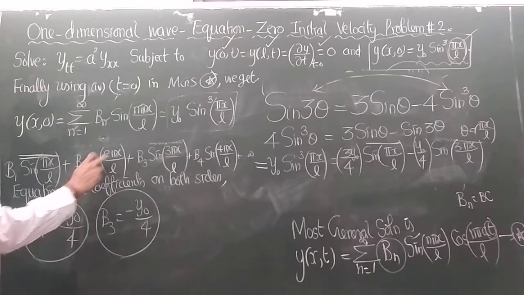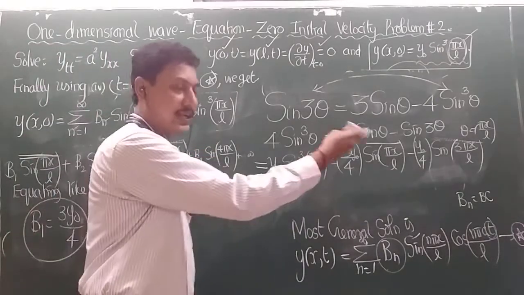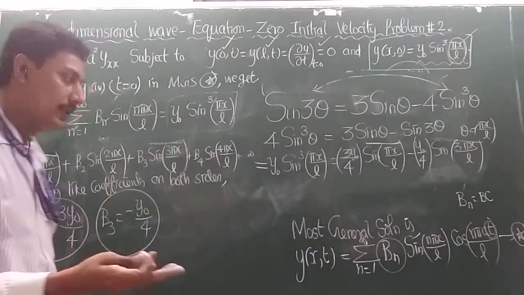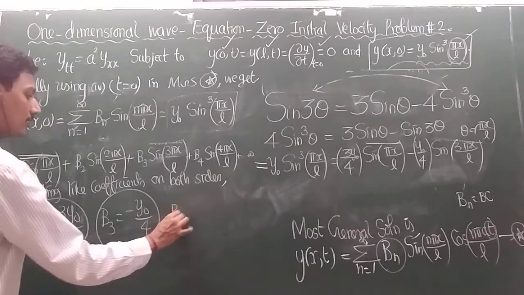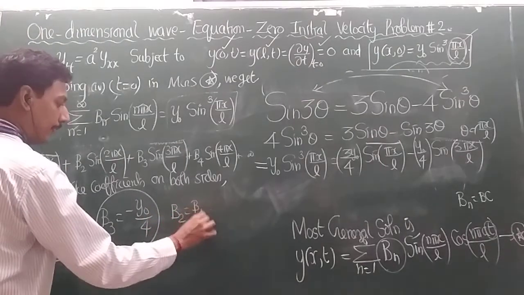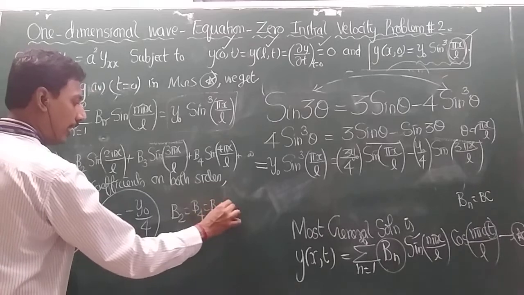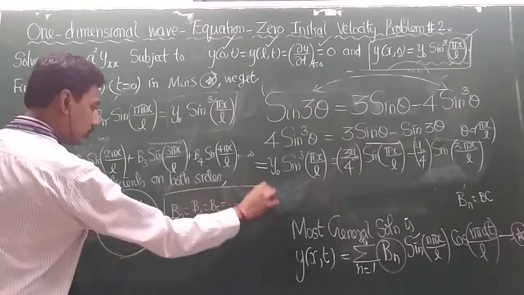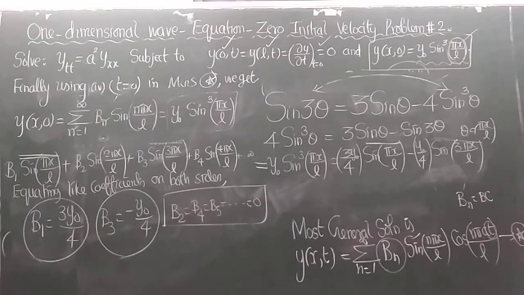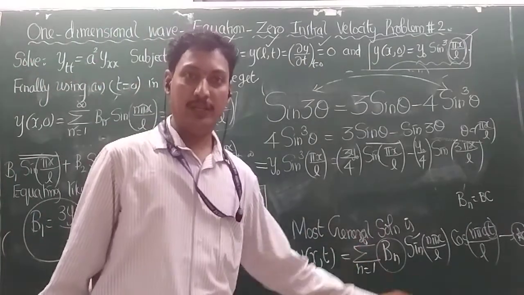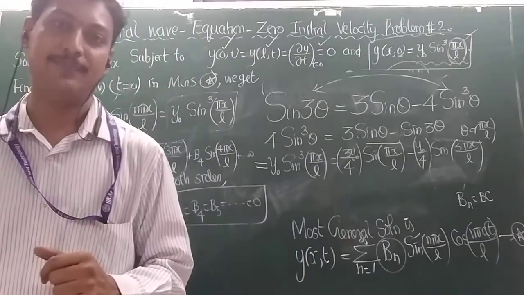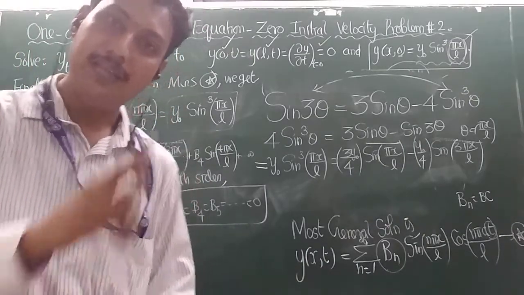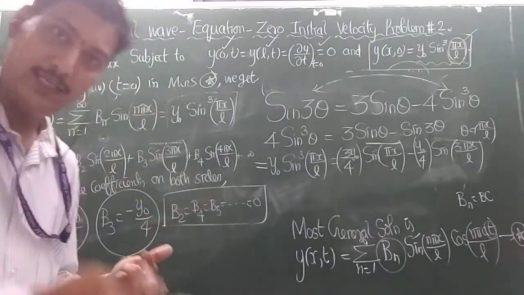There are no sine 2 pi x by L, sine 4 pi x by L, sine 5 pi x by L in the right hand side. It means that all other constants like b2, b4, b5, everything is 0, excluding b1 and b3. That means that in the most general solution, the constant b is non-zero for n equal to 1 and n equal to 3.